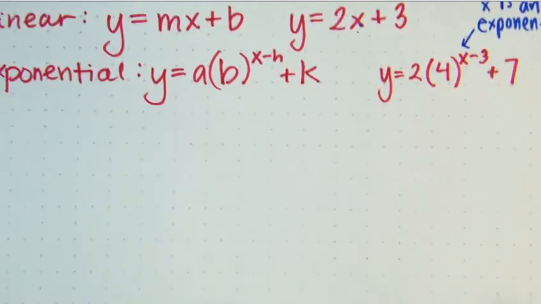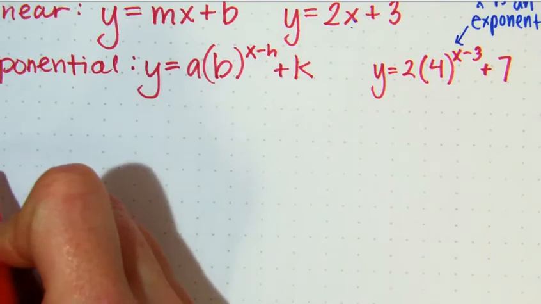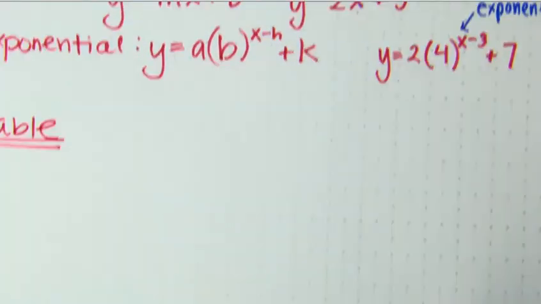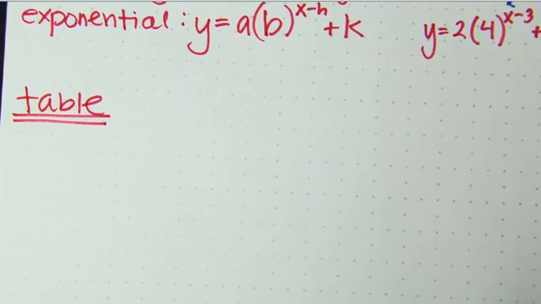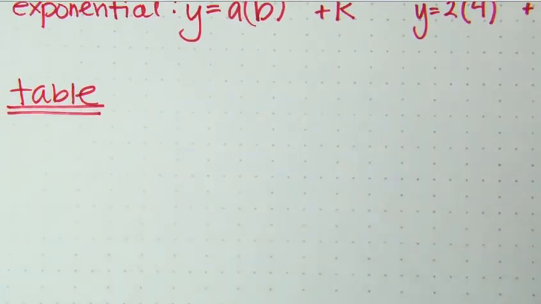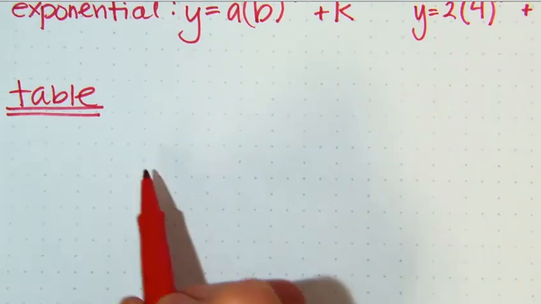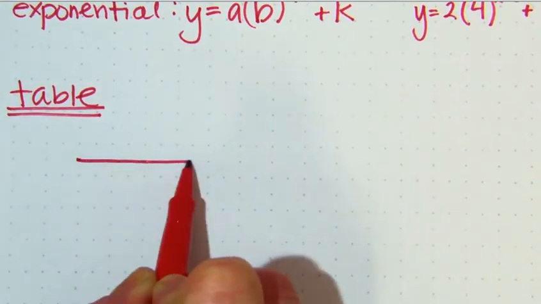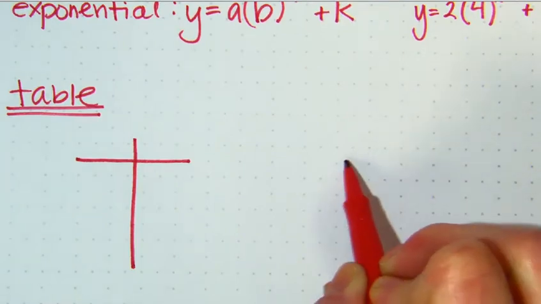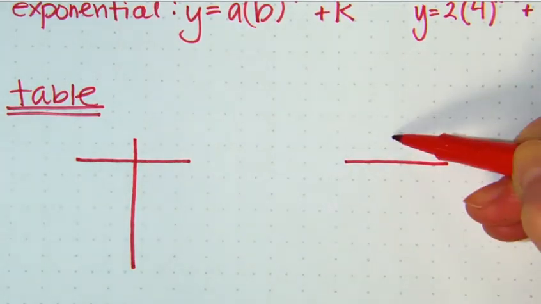All right, the last one we're going to look at here in our notes is the table. So you do need to be able to tell from a table whether your function is exponential or linear. So I'm going to give you two tables, but I'm not going to tell you which is which. And we're going to see if we can figure it out. Give yourself a little space above it to the side so we can jot a couple things down after we go through it.